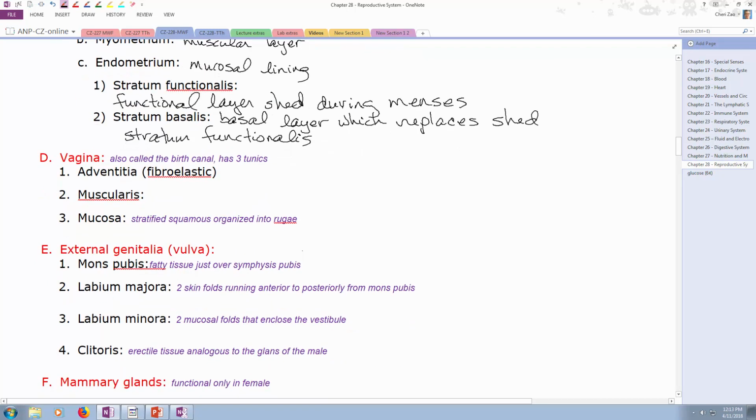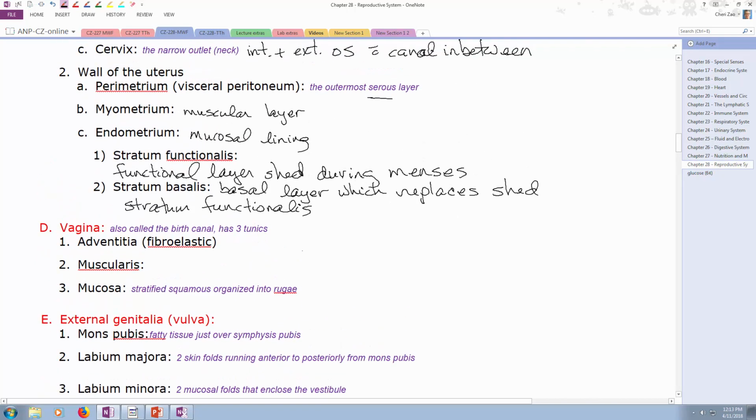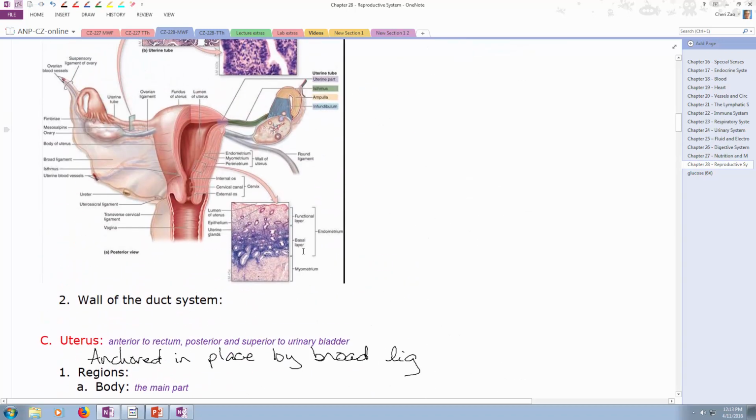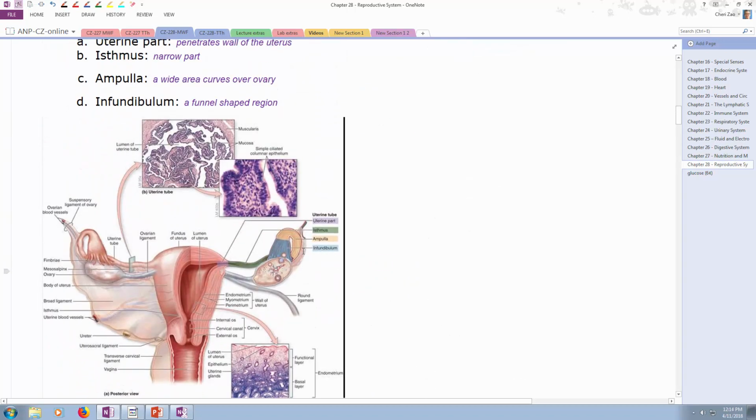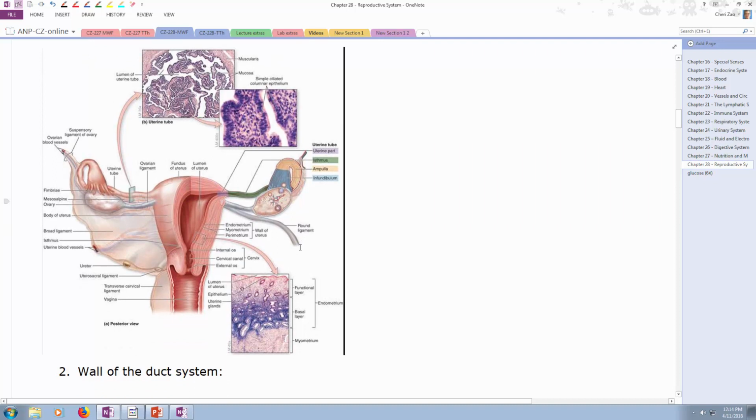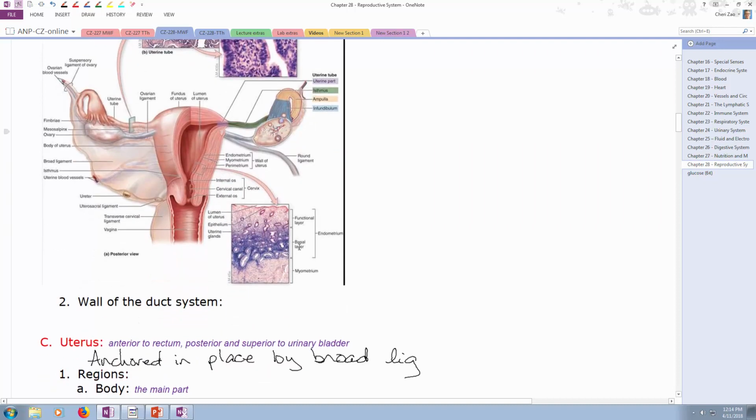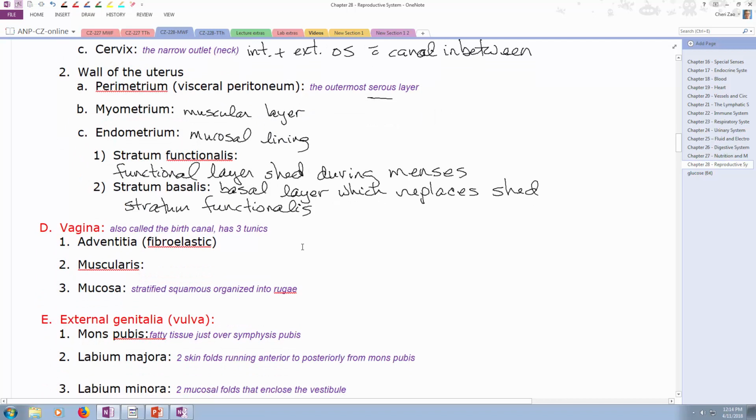The other thing to note is the uterus intraperitoneal or retroperitoneal? Intraperitoneal. So you can take a look up there and realize that we actually have it protruding up in there, but then we go into an area that is no longer intraperitoneal because we have the term adventitia associated with that.